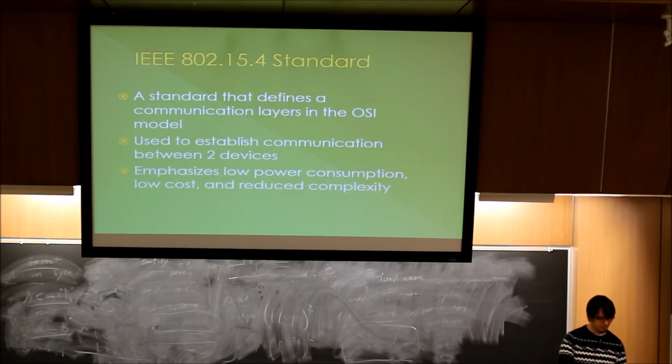So the main emphasis of 802.15.4 versus 802.11 is they're focusing on lower power consumption, lower cost, a simpler protocol, and also they can do either the 2.4 gigahertz range or around 800 megahertz. So you have a few more options there, especially for low power applications.